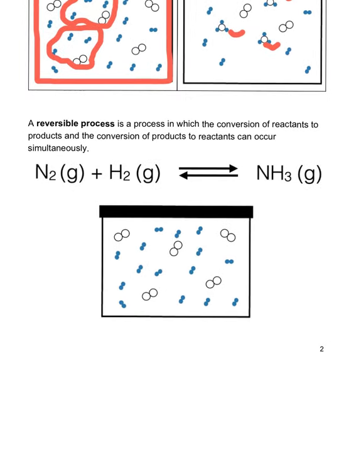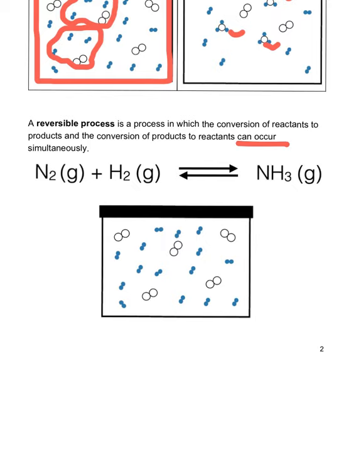So reading: a reversible process is a process in which the conversion of reactants to products and the conversion of products to reactants can occur simultaneously. Now we see in this equation here nitrogen gas plus hydrogen gas forming ammonia. In the bottom here, it's got that double-headed arrow.